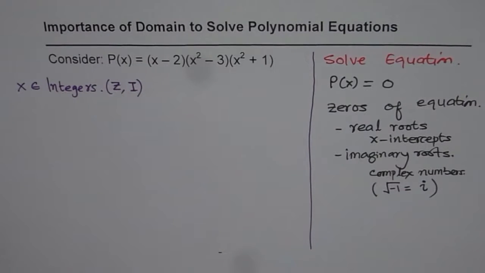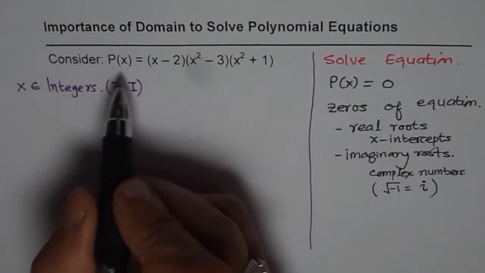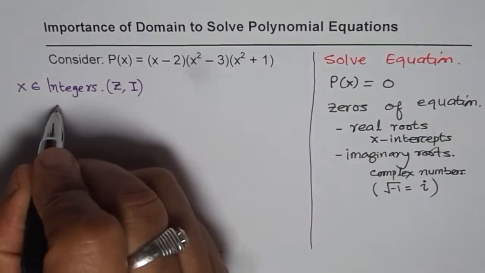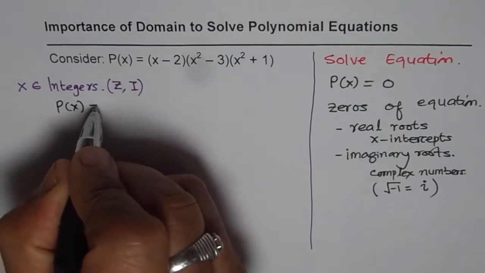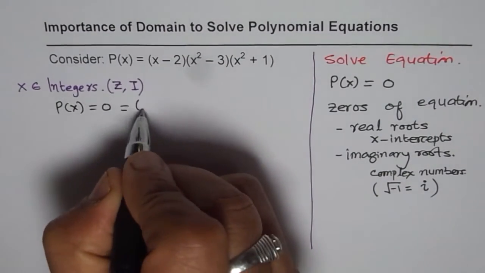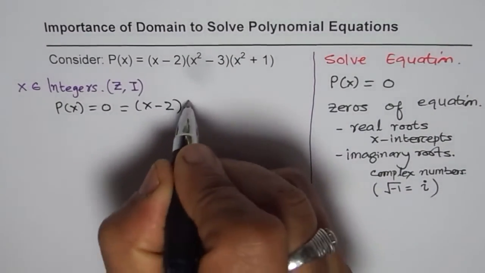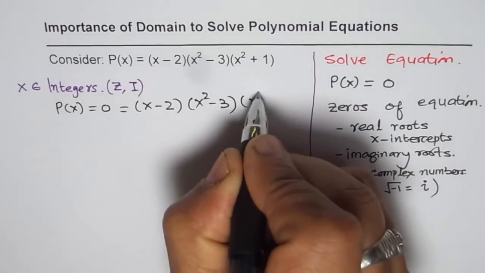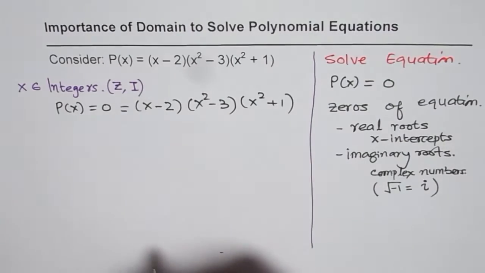In that case, what is going to be the solution of this equation? So in that case, solution is of course equating the equation to 0. So we'll say p of x is equal to 0, which is actually x minus 2 times x squared minus 3 times x squared plus 1.